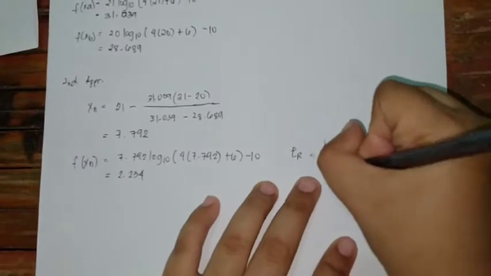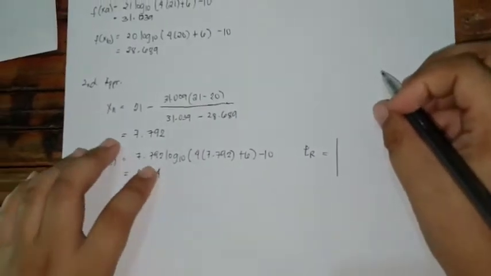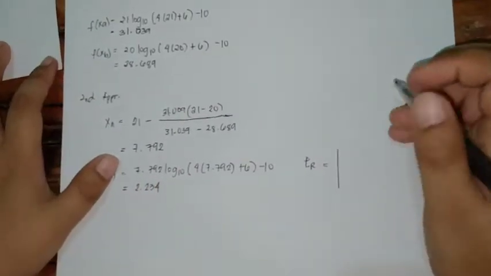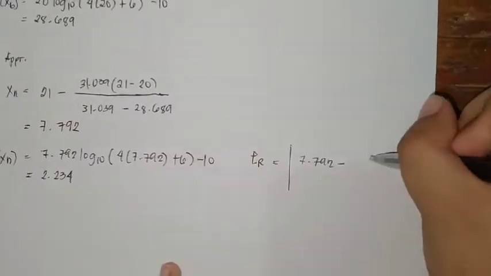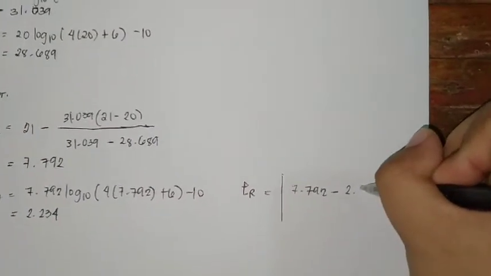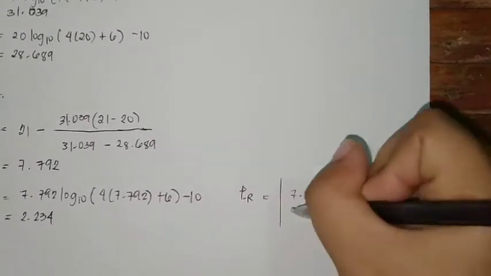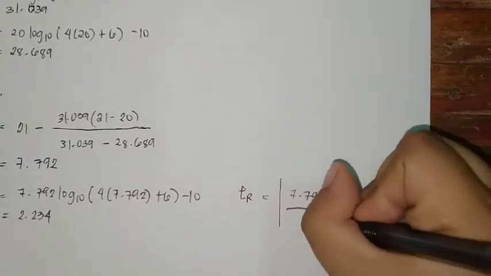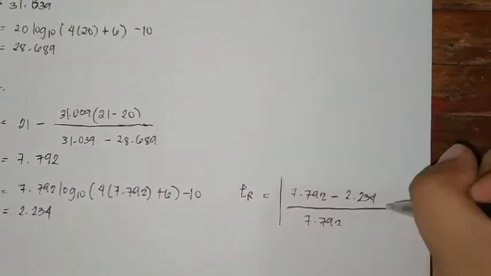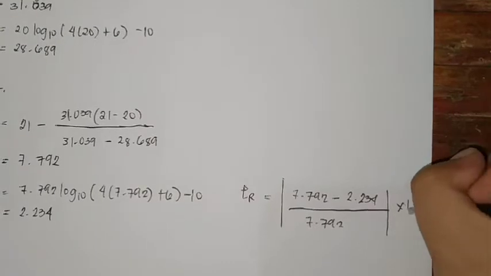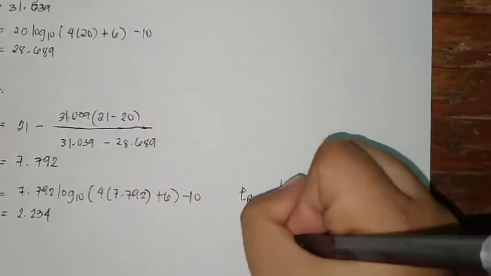Now to calculate the relative error for the second iteration, we have the absolute value of (7.792 - 2.234) over the new value, which is 7.792, times 100%.